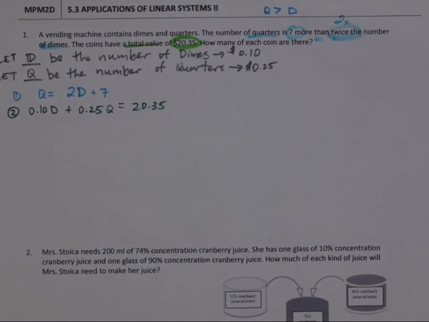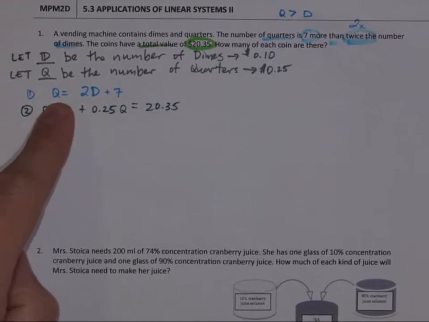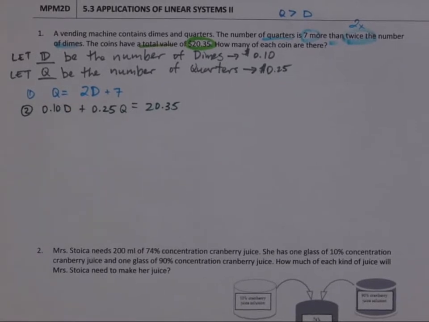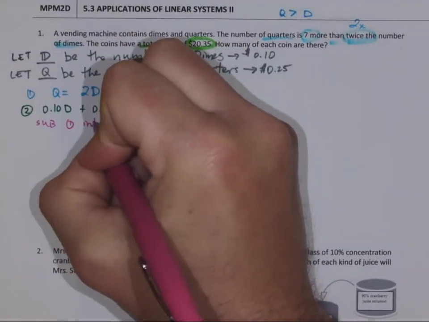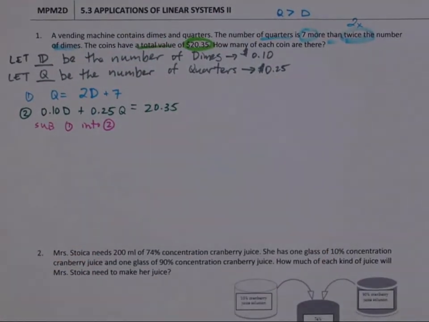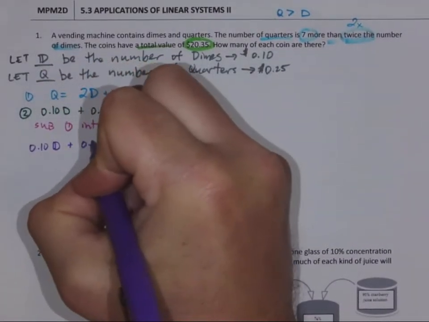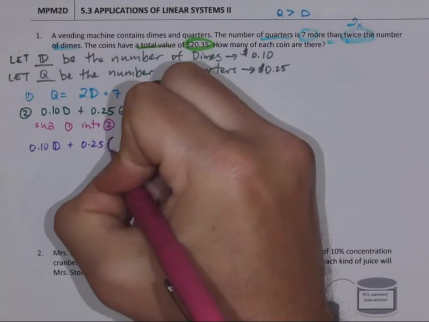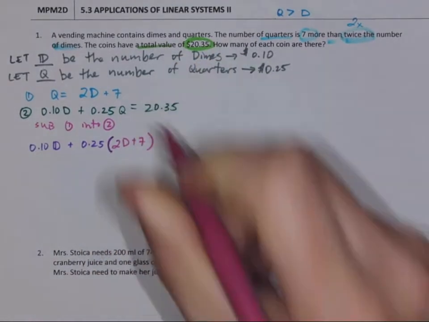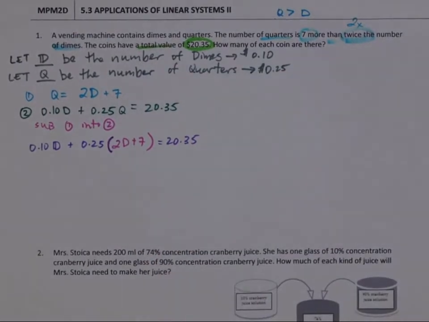Now we go about, as we usually did, solving by substitution or elimination. This is already rearranged to isolate the number of quarters, so I'm going to take that and sub it in. So equation 1 into equation 2. Now let's distribute and solve.